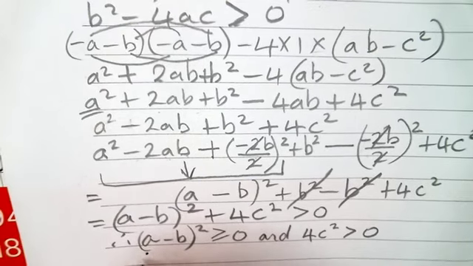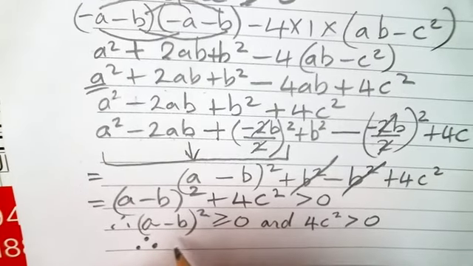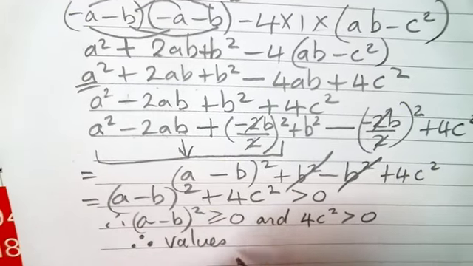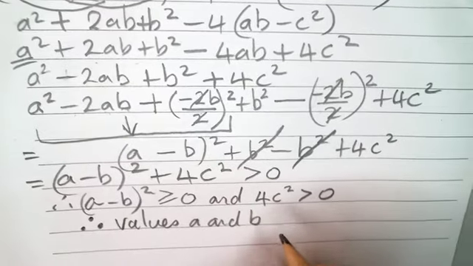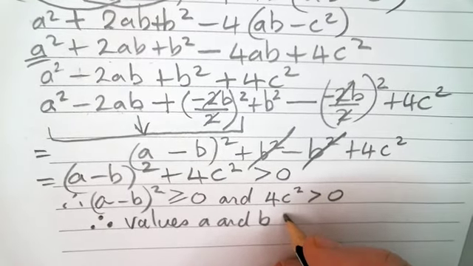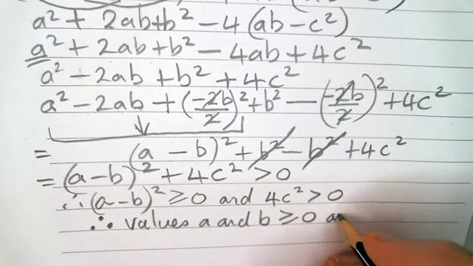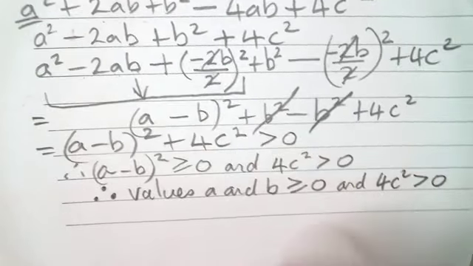So therefore, I'll use that dot there. Therefore, values a and b are either equal or greater than 0, and 4c squared is going to be greater than 0.